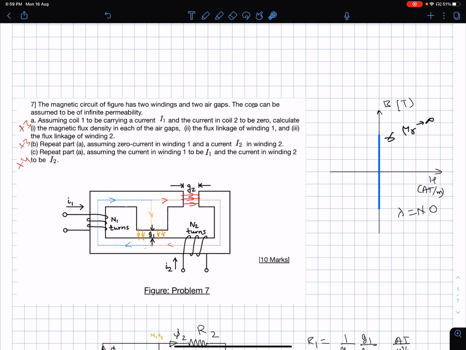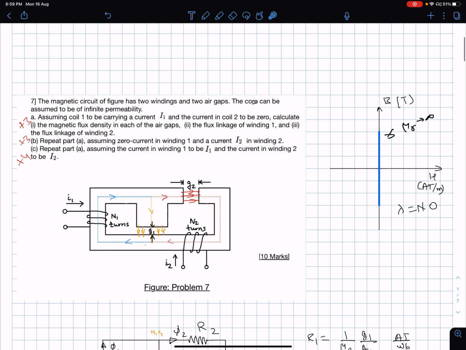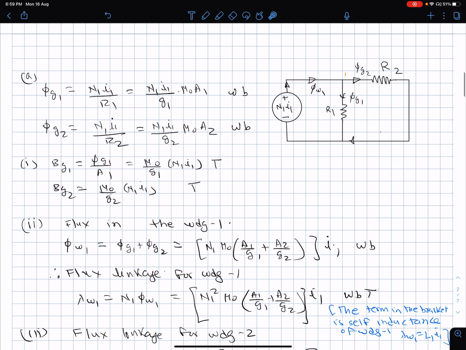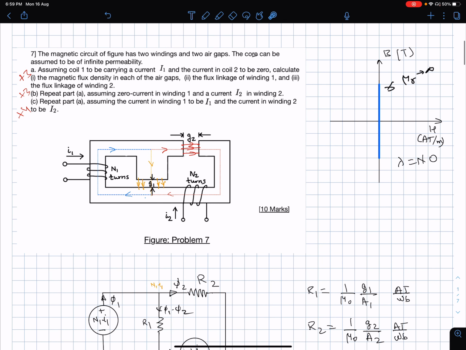Okay, 1 is done. 2 is the flux linkage of winding 1 and flux linkage of winding 2. So to calculate the flux linkage, we have to know, our attention is shifting from the air gaps, which we have been looking at so far, to these windings. So winding 1 will carry phi 1, which is the summation of the flux in this path and the flux in this path.